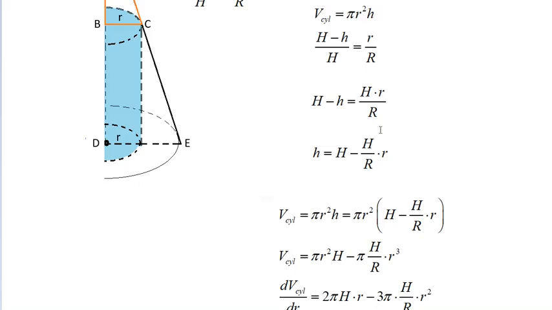Replacing h by this expression, we have the volume of the cylinder is equal to this. Simplify, and we get pi times r squared times H minus pi times H over R times r to the third.